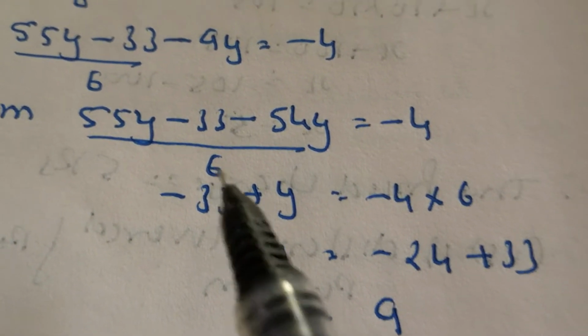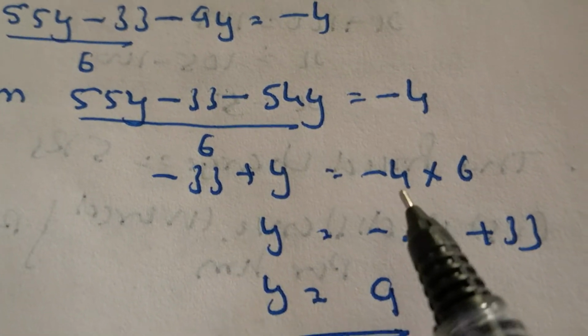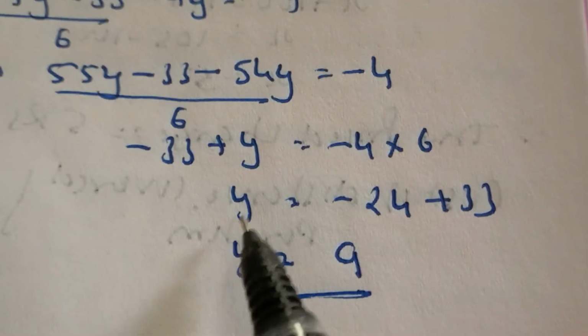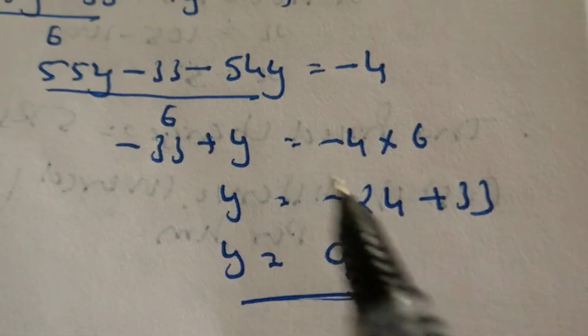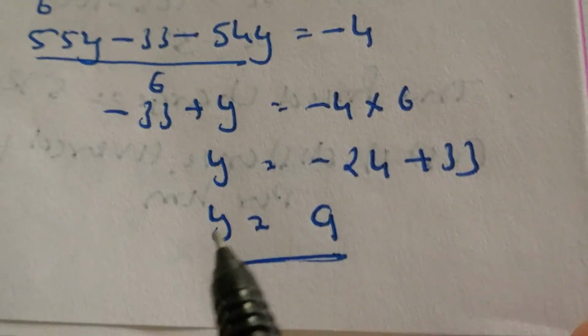So minus 33 plus y is equal to minus 24, since division by 6 is taken as multiplication. So y is equal to minus 24 plus 33, minus 33 taken on the right side becomes plus 33. So y is equal to 9.